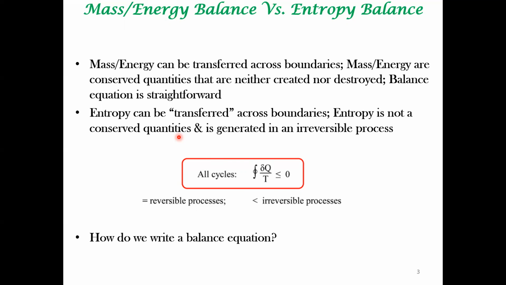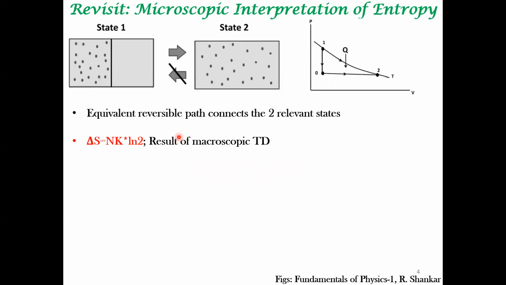In my opinion, many things about entropy, when you look at it from classical, macroscopic thermodynamics, are very mysterious. So I find a lot more understanding if we can look at entropy microscopically, so that you get a good physical picture of what is happening.